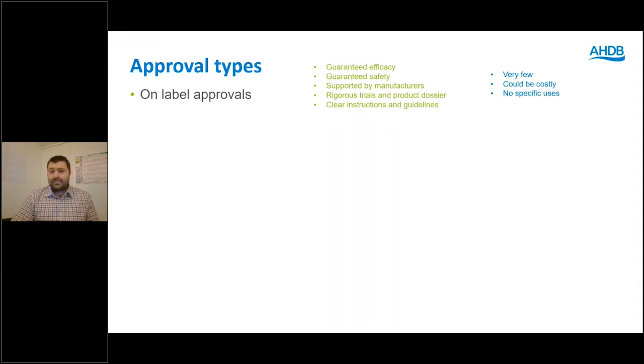Some of the negatives, unfortunately, there are very few on-label approvals for the ornamental segment in the UK, and particularly for cut flowers, because of the huge investment needs for approval of these products.